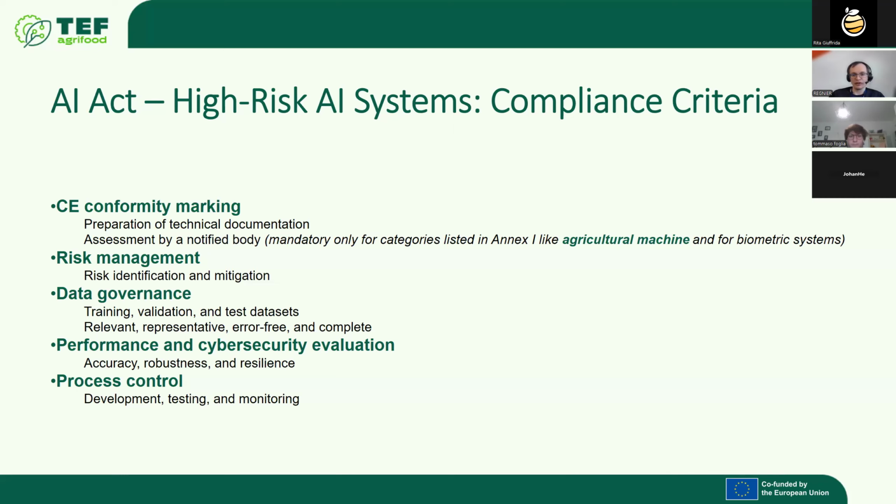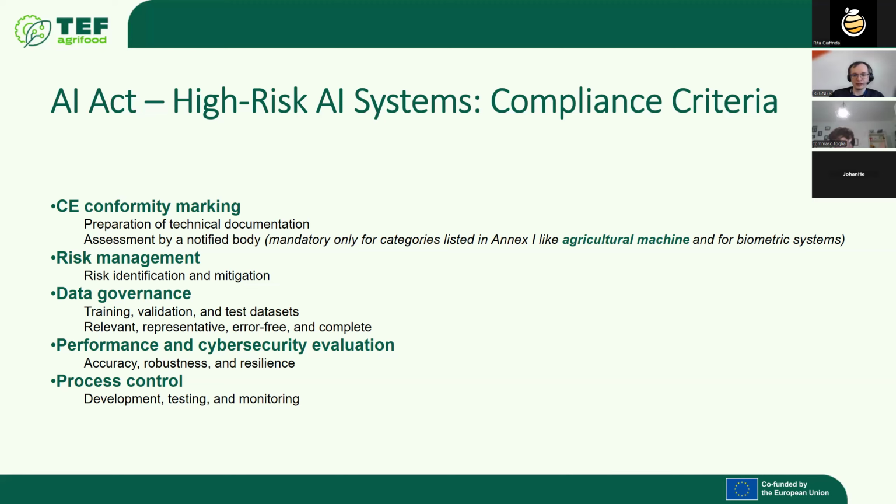Second, risk management is mandatory. A company must identify potential risks, evaluate the impact, and implement mitigation strategies. Third, data governance is crucial. Training and testing data must be relevant, representative, and free from major errors and bias. Another major requirement is performance and cybersecurity.